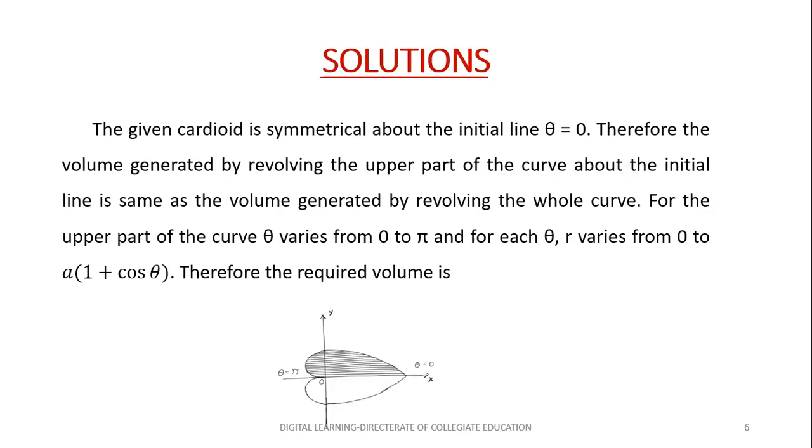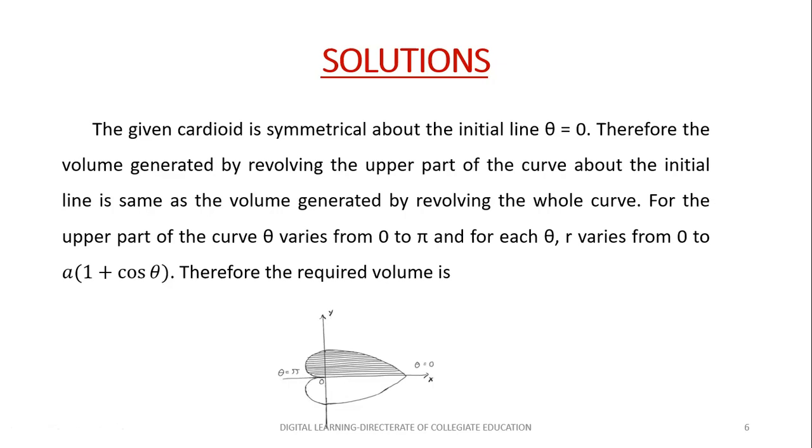Therefore, the volume generated by revolving the upper part of the curve about the initial line is same as the volume generated by revolving the whole curve. For the upper part of the curve, theta varies from 0 to pi, and r varies from 0 to a into 1 plus cos theta.